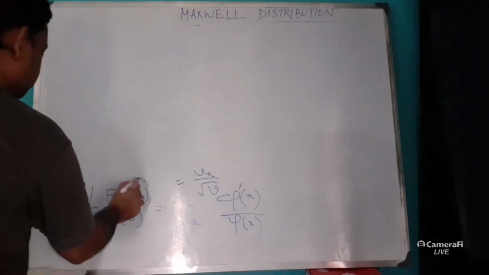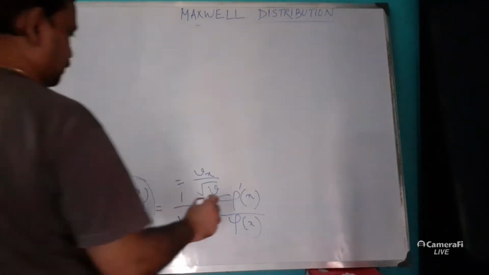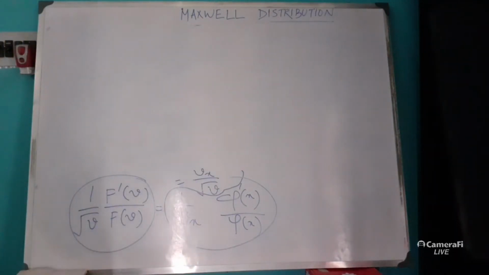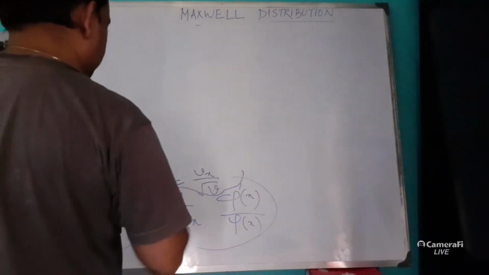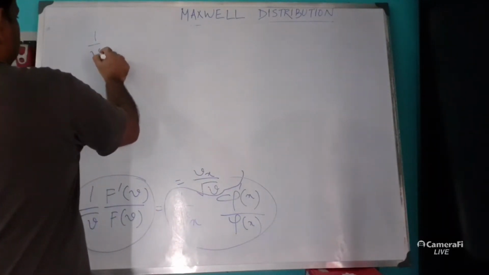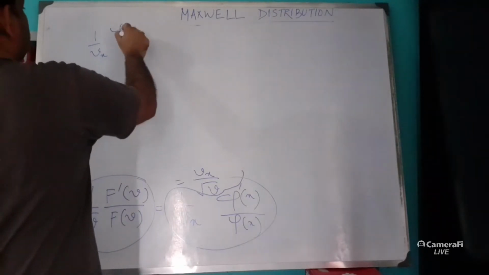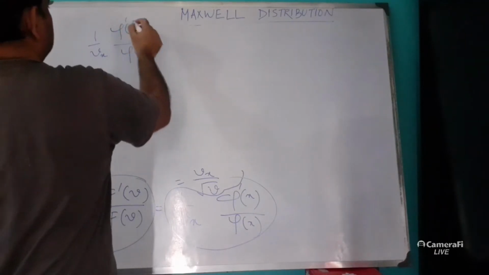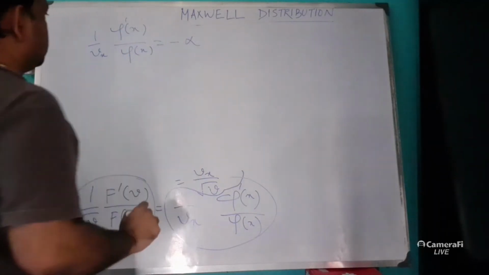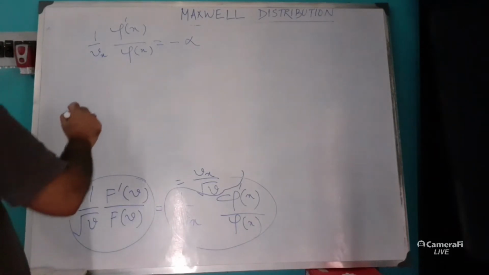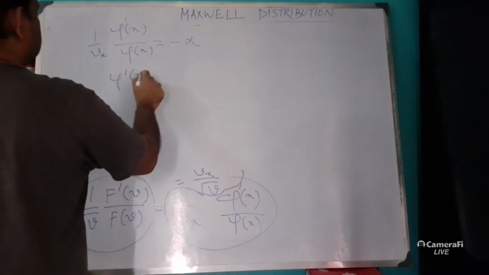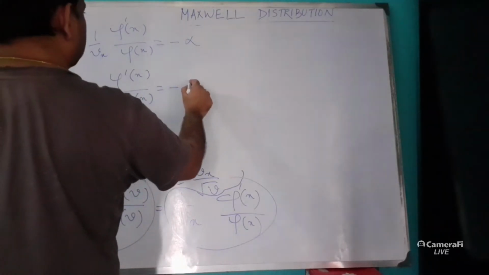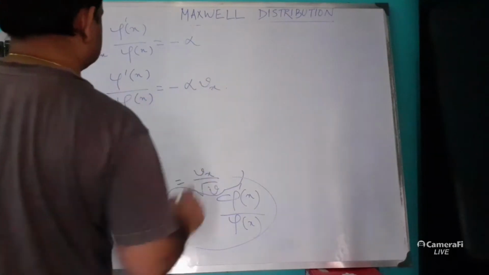Now since this part is independent of Vx and this part is independent of Vy, Vz or any other term, this part may be considered as 1 by vx, phi prime(vx) by phi(vx), equal to some constant, negative alpha. So we have phi prime(x) by phi(x) is equal to minus alpha x.